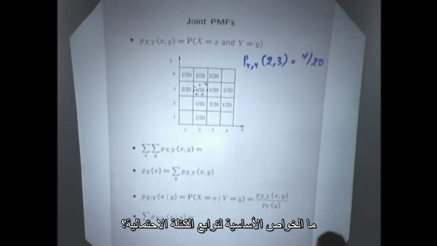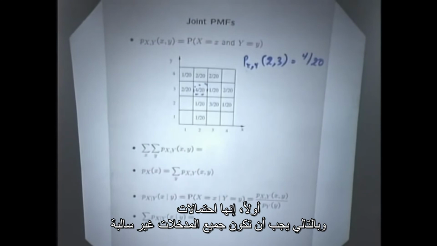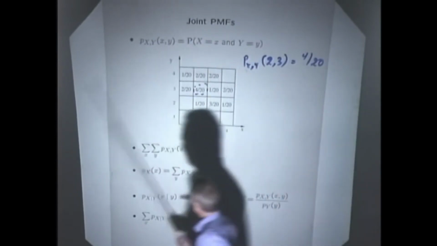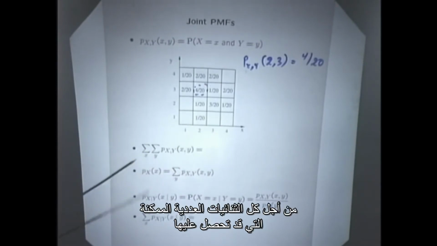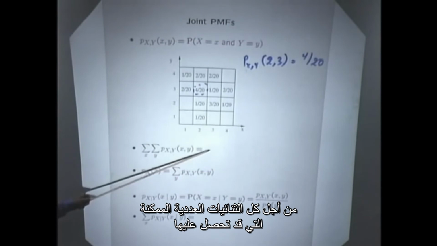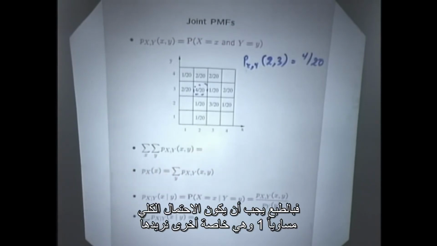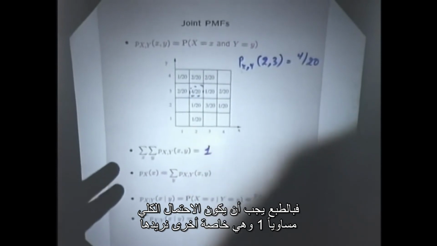Okay, what is a basic property of PMFs? First, these are probabilities, so all the entries have to be non-negative. If you add up the probabilities over all possible numerical pairs that you could get, of course, the total probability must be equal to 1. So that's another thing that we want.